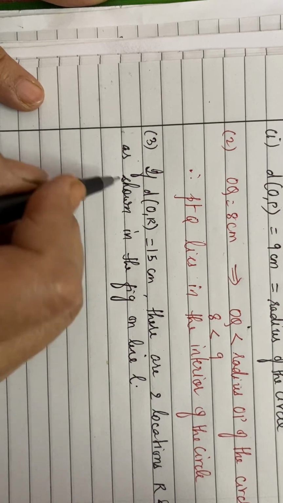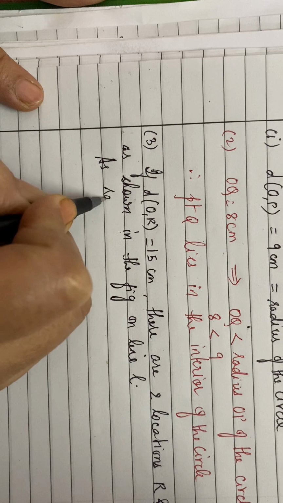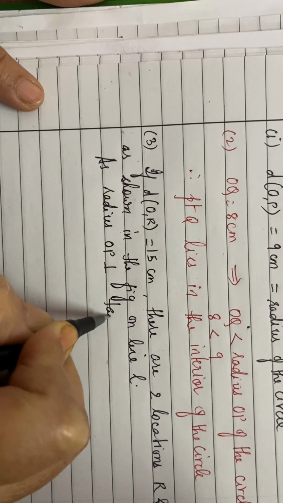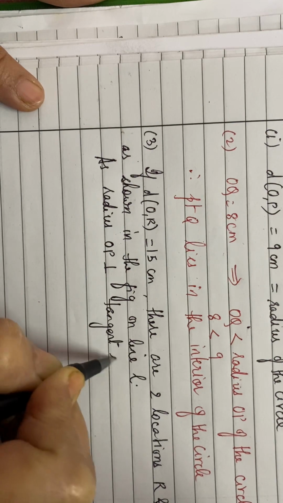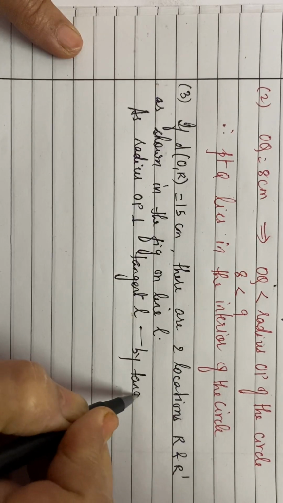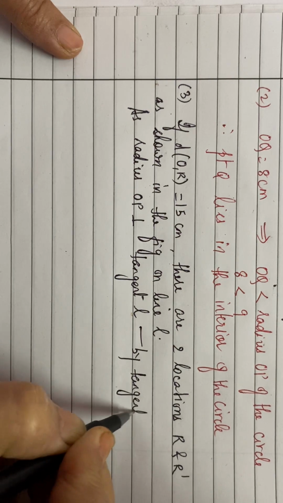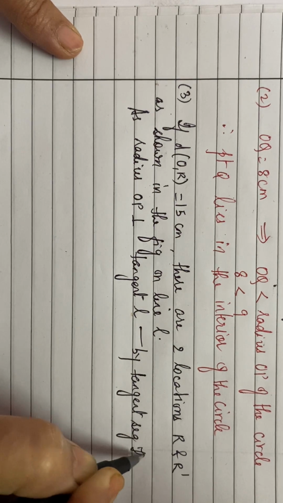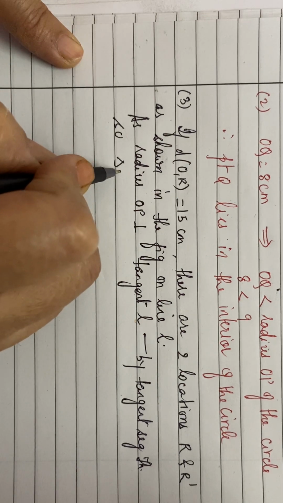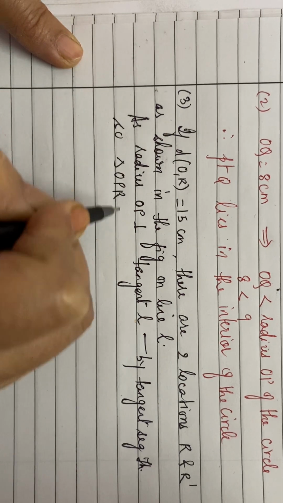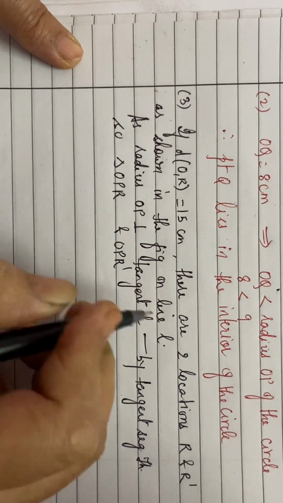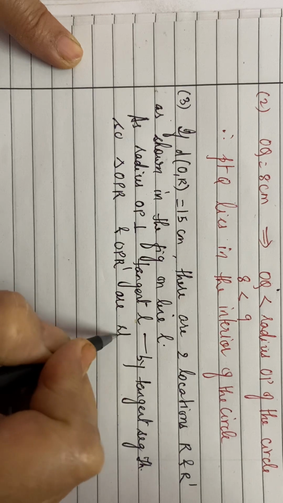So solution for the second part. Okay. As radius OP is perpendicular to tangent L by tangent segment theorem, triangle OPR and triangle OPR dash are right triangles.